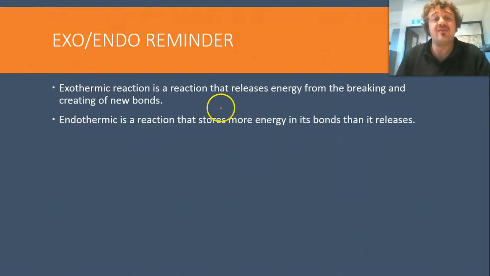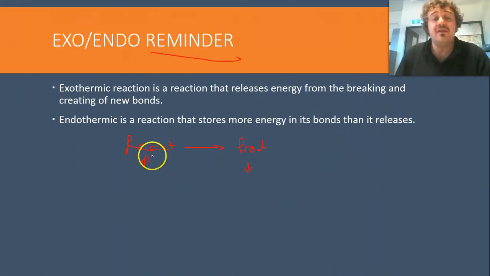An exothermic reaction, just a reminder, is a reaction that releases energy from the breaking and creating of new bonds. So if we've got our reactants and our products, the reactant side has, in this case, higher energy, and this has a lower energy, which means you've got leftover energy.